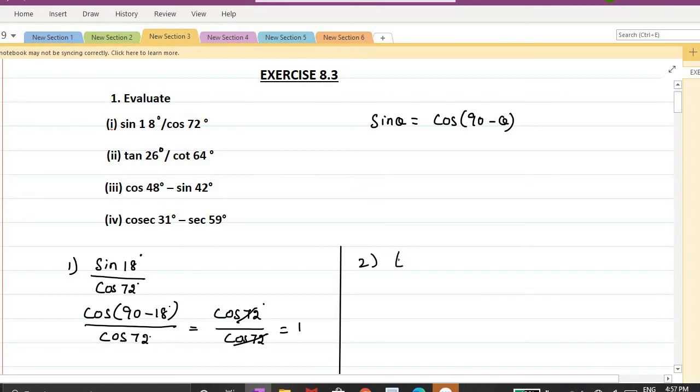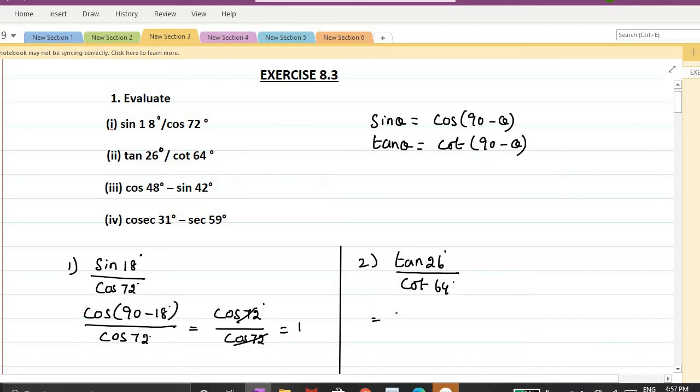Second Roman letter: tan 26 degree by cot 64 degree. Here also I am going to change tan 26 degree into a complementary angle. We know the complementary angle formula: tan theta equals cot 90 minus theta. So here theta is 26.